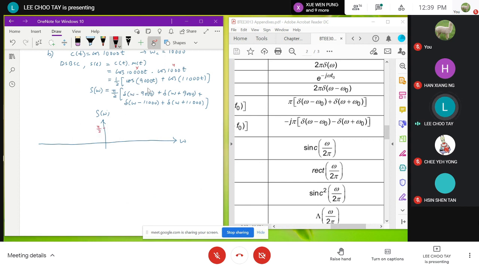Looking at this term, one will be at 9K, with amplitude pi over 2, and then this one will be minus 9,000.